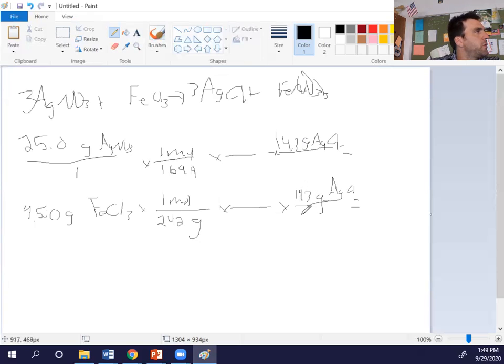So I got to fill out my mole ratios on this one because they're not the same. So I have 3, and then this is AgNO3, 3. This is Fe. Sorry, I've kind of taken a few shortcuts in my writing it out. I would take off points if I did this. So I have 3 moles AgCl.